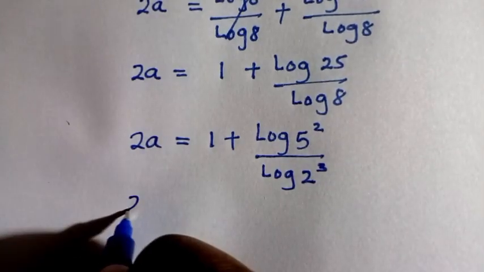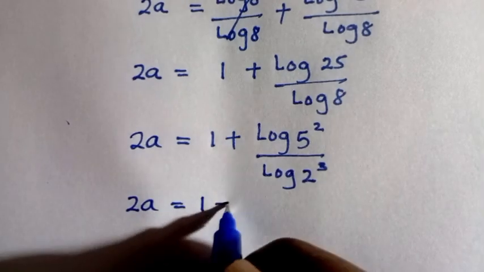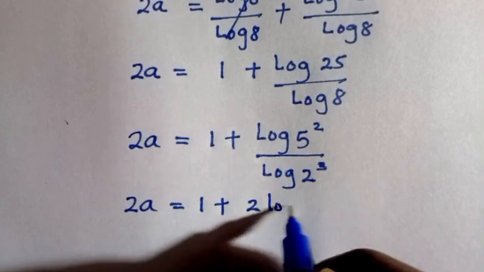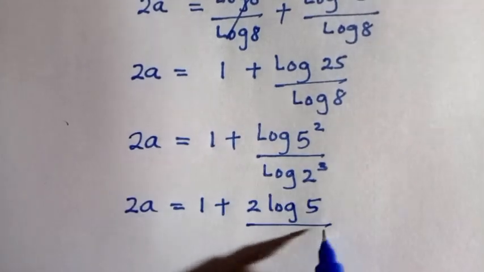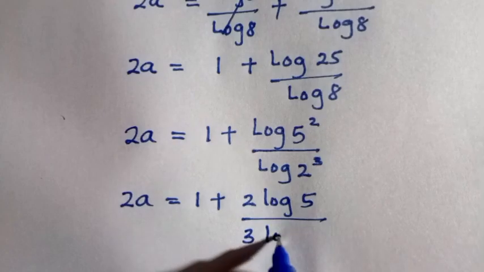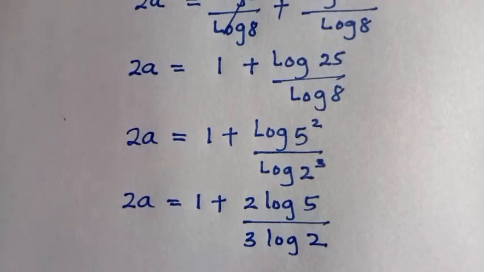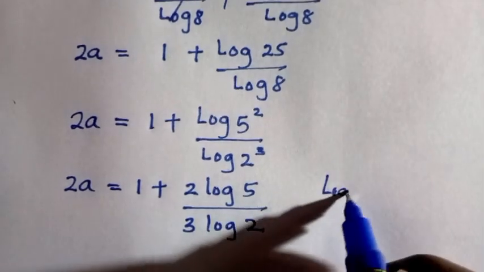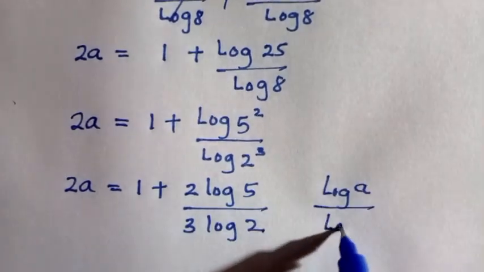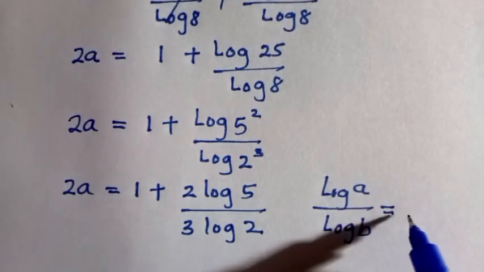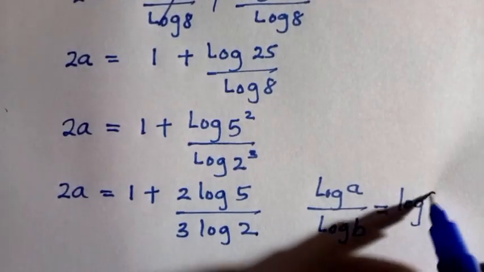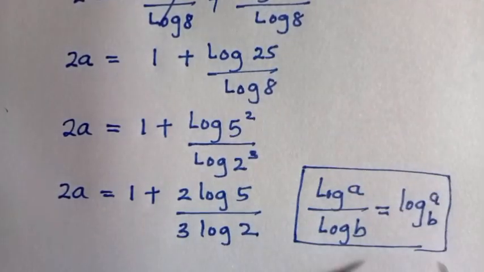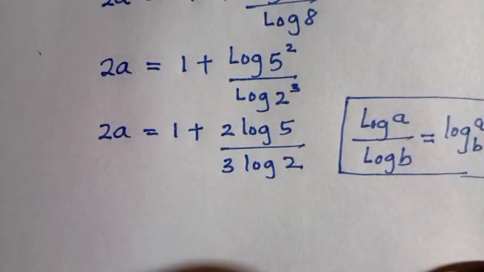And by the rule of log, we have 2a equals 1 plus, these two will come down as 2 log 5 divided by 3 log 2. And anytime we have log a divided by log b, this equals log a base b. We have to consider this important rule of logarithm.